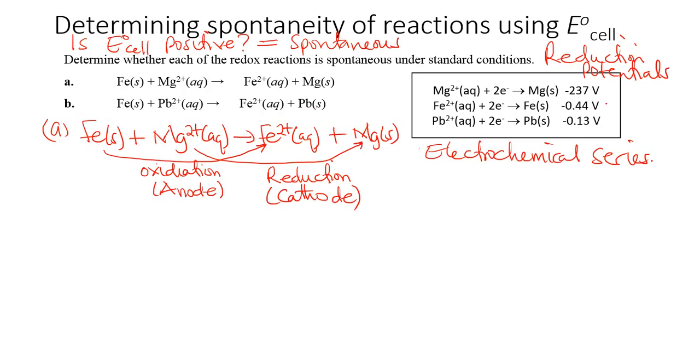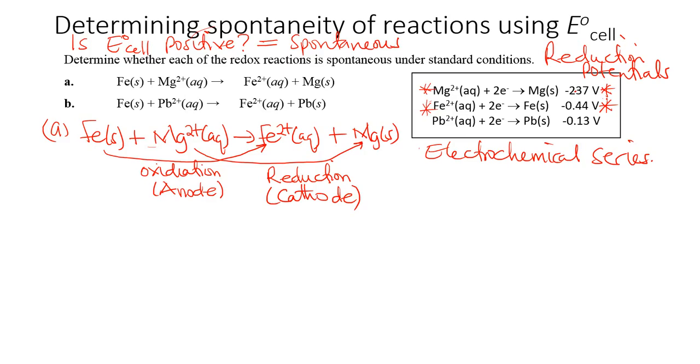So this is our Fe from the table. And we know its voltage, which is negative 0.44 volts. And then we have Mg. This table here has Mg. And here we are given the voltage, negative 2.37 volts.